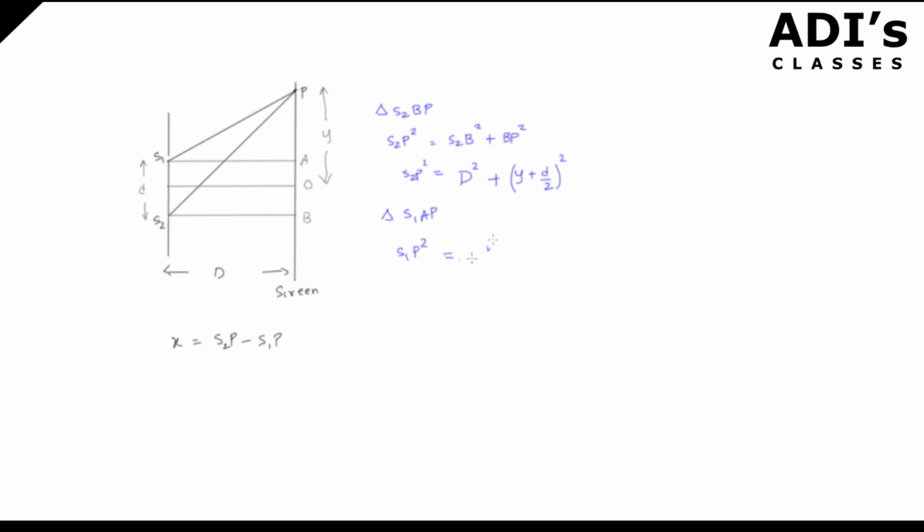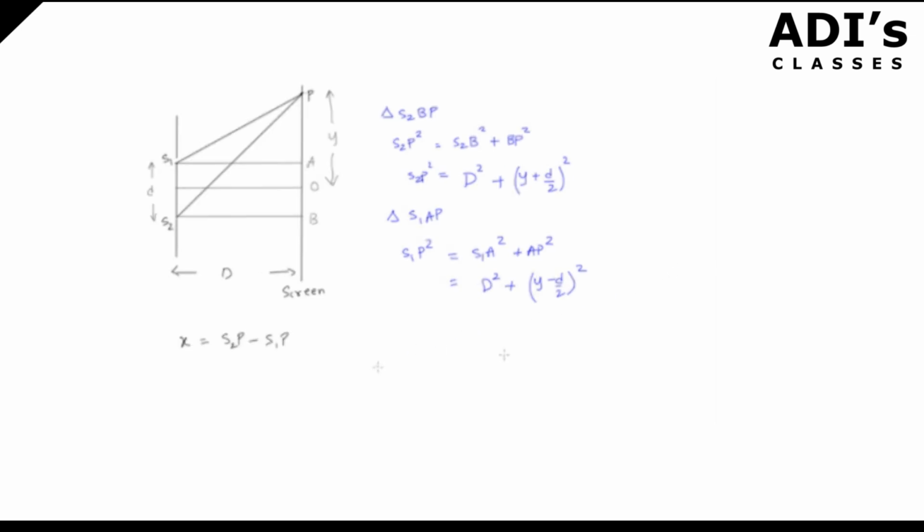If you look at the figure, S2B is capital D, and BP is y plus d by 2, because the S1S2 distance is d, so OB will be d by 2. So we have D square plus (y plus d by 2) whole square. This is S2P square.